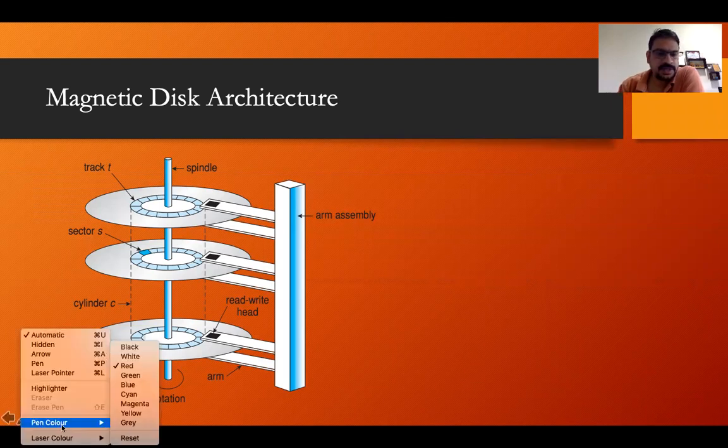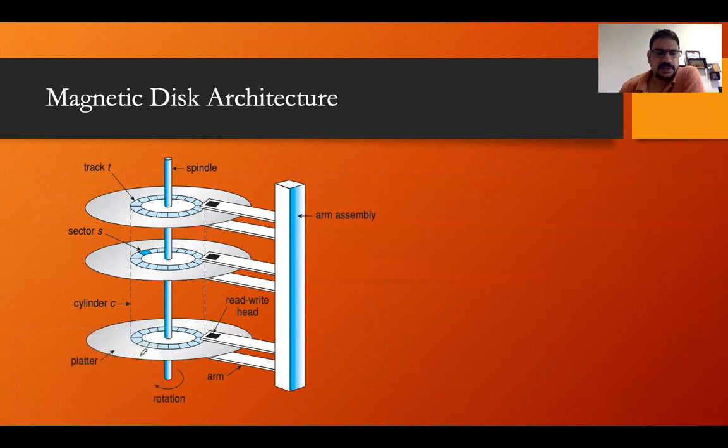In this diagram, you can see that a magnetic disk is a combination of many platters, and these platters have two surfaces from where we can read and write. Both surfaces are used to read and write.